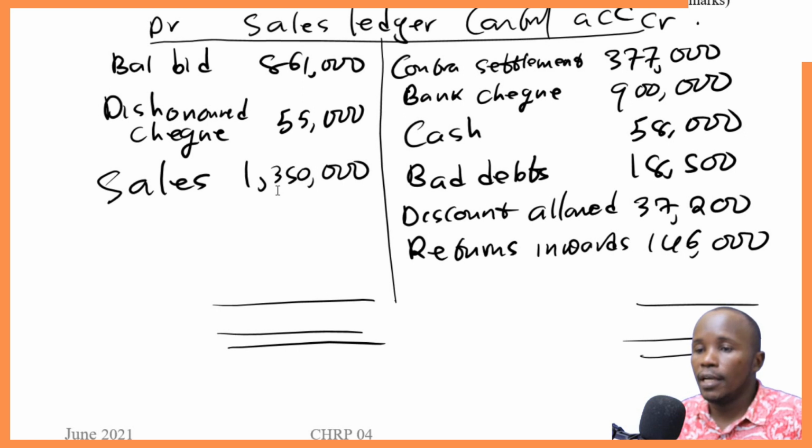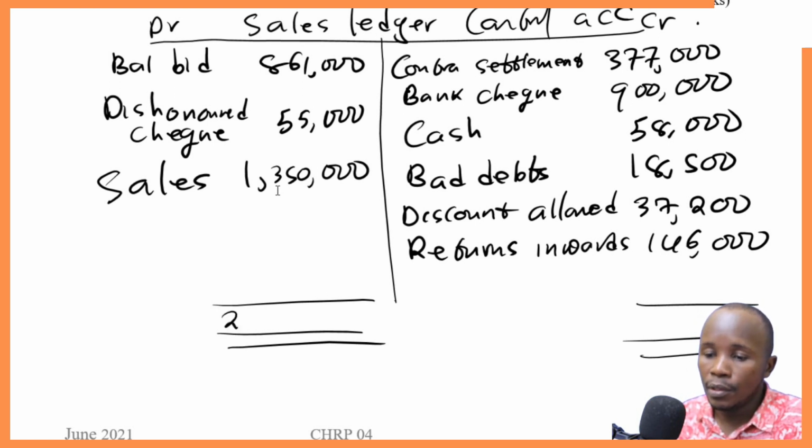Let me see. If I take the debit side, 861,000 plus 55,000 plus 1.35 million, this is giving me 2,266,000.